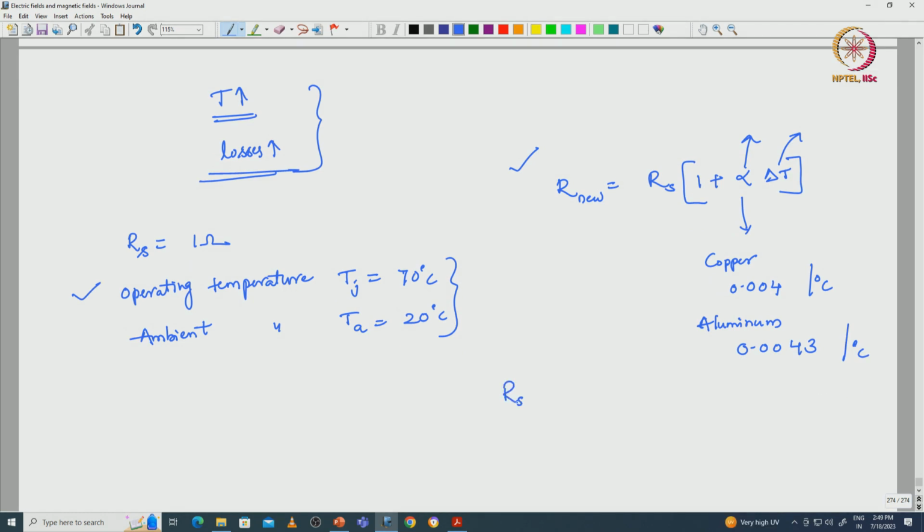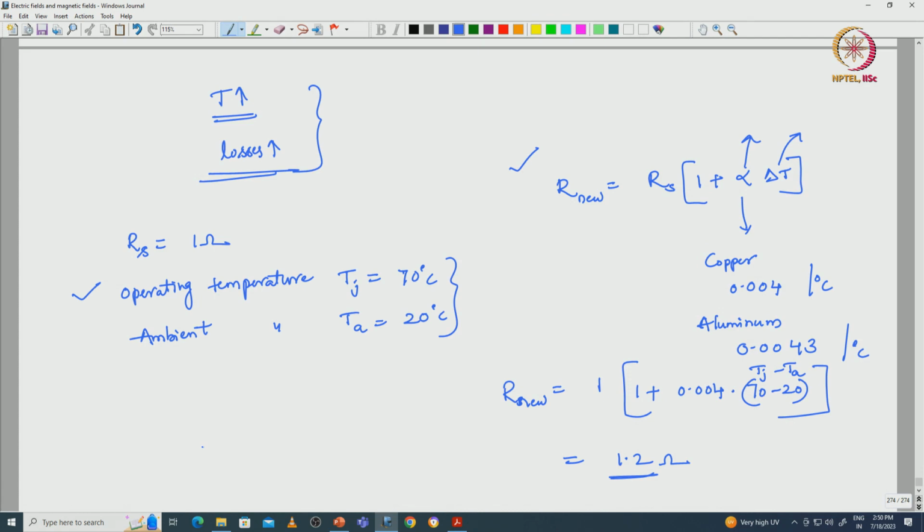Now we will calculate the change in resistance, that is R_new with respect to the operating temperature. 1 times (1 plus alpha, which for copper winding is 0.004, times the change in temperature 70 minus 20, that is junction or operating temperature minus ambient temperature). So this will give the final value 1.2 ohm.